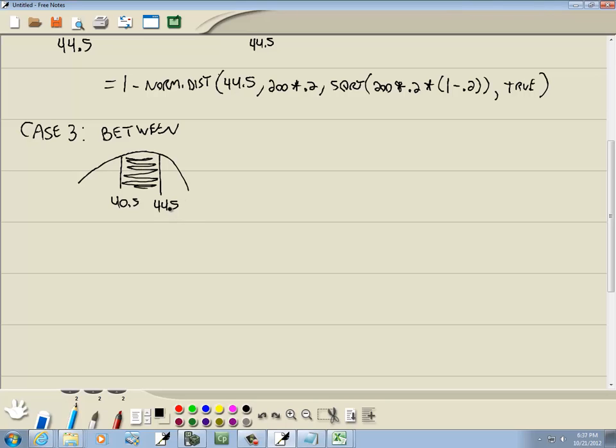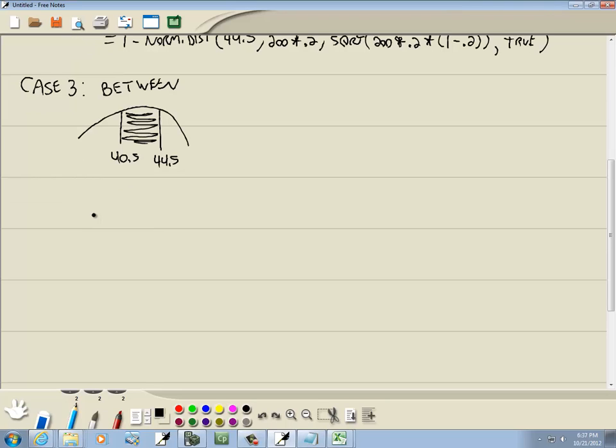And we're shading in between. Well, again, Excel doesn't handle that at all. So we have to rewrite it in this way. 44.5 shade to the left minus 40.5 shade to the left.